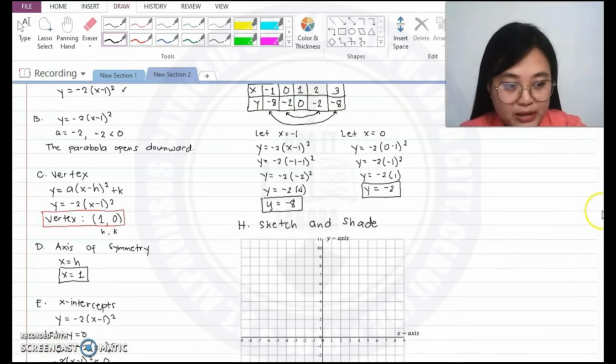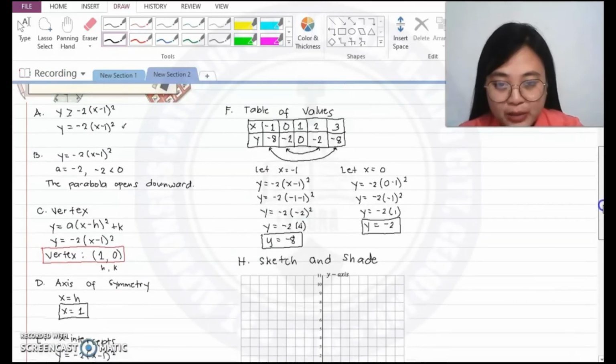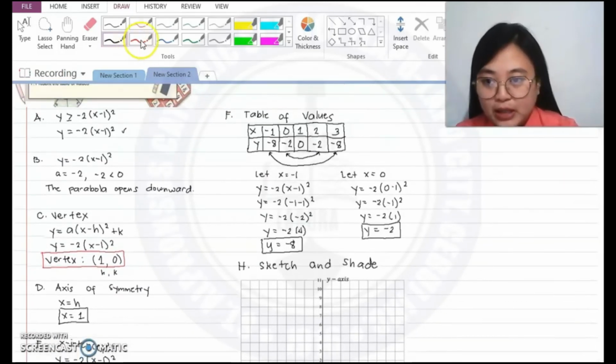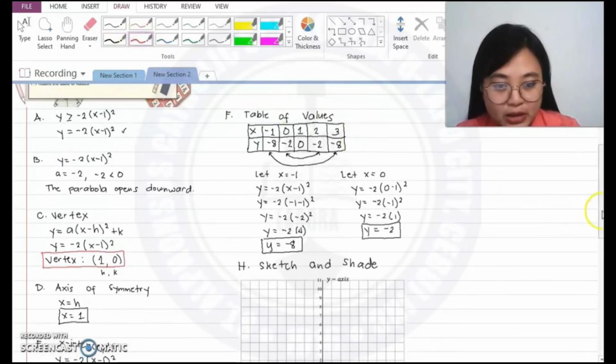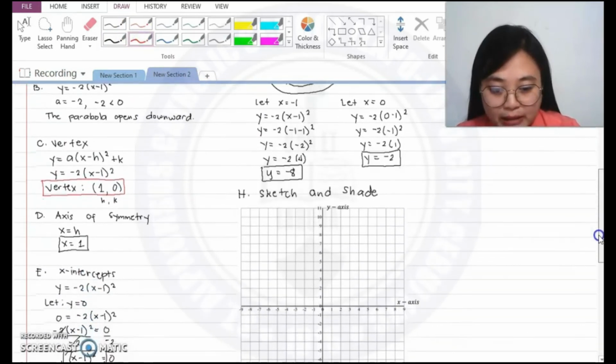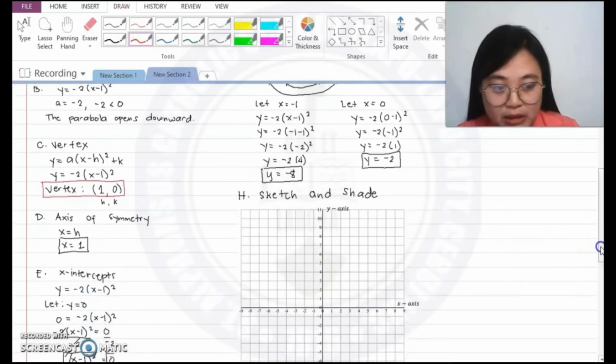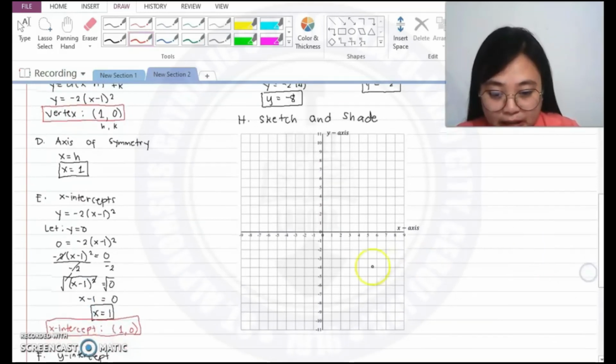And the next process is we're going to sketch and shade. So using the table of values, we're going to plot now the points. So let's start with negative 1, negative 8. Negative 1, negative 8 is in this part. Then I want you to label negative 1, negative 8.